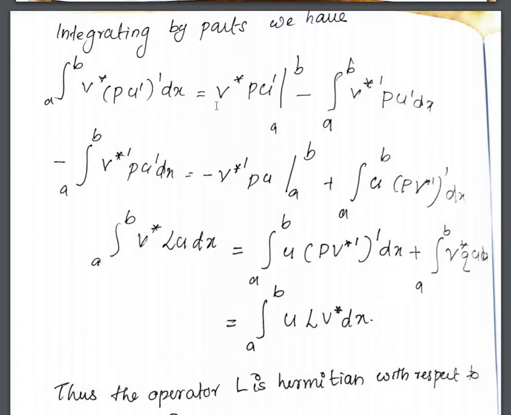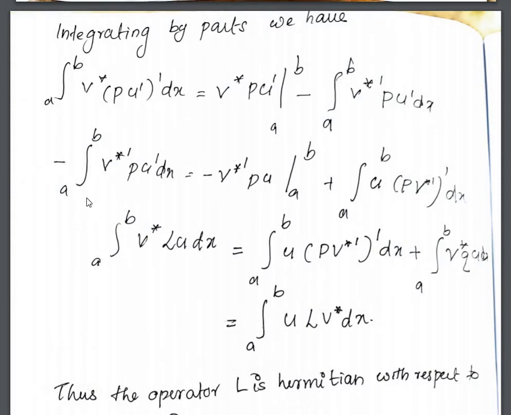So the first term is v star, the first function, into the integral of the second, p u dash, from the limit a to b, minus the integral from a to b of v star dash, the differential of the first, into the integral of the second, that is p u dash dx.